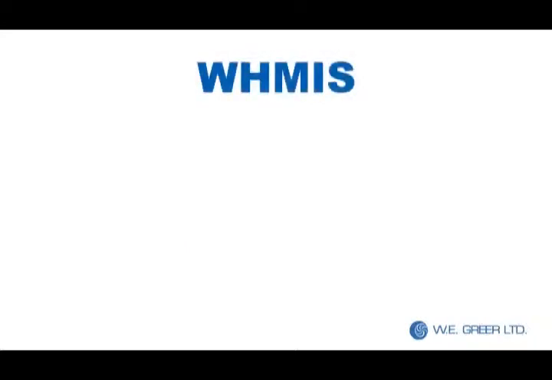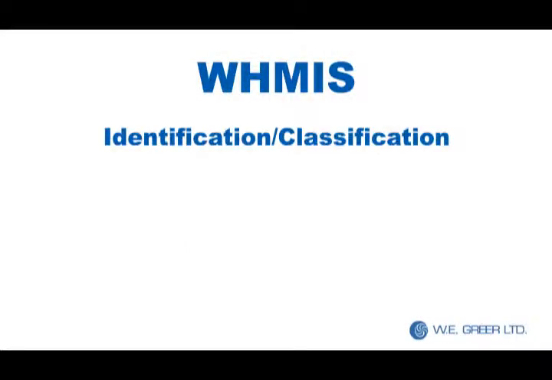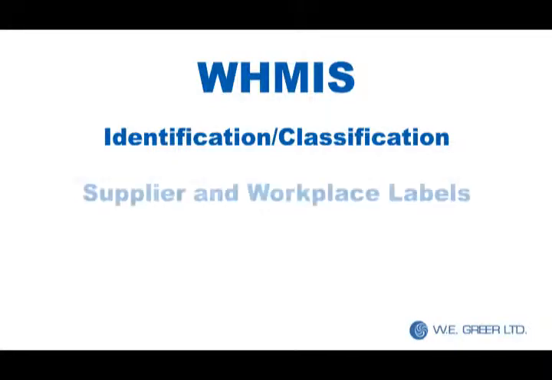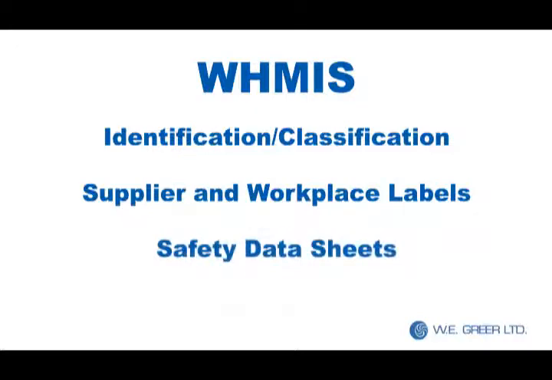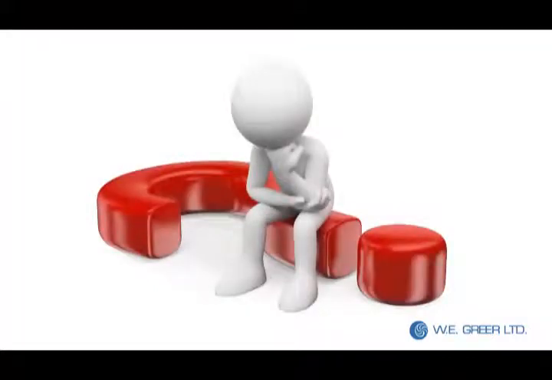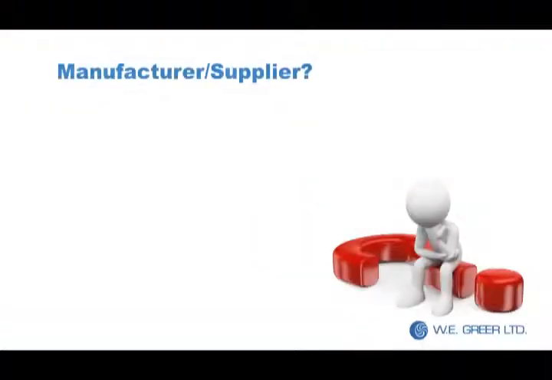WHMIS is comprised of several components, including hazard identification and product classification, supplier and workplace labeling, safety data sheets, and education. So the question is, who is responsible for implementing WHMIS? Is it the manufacturer who makes the product?